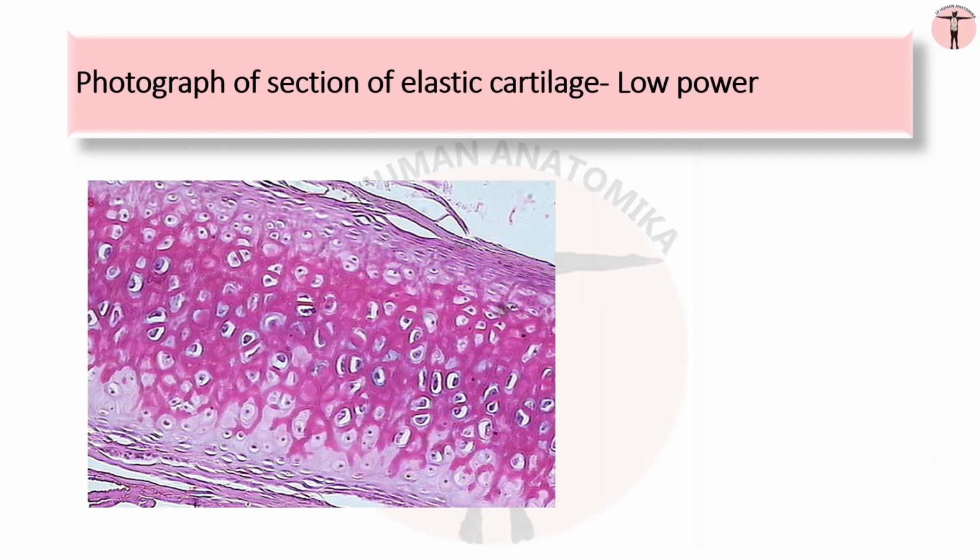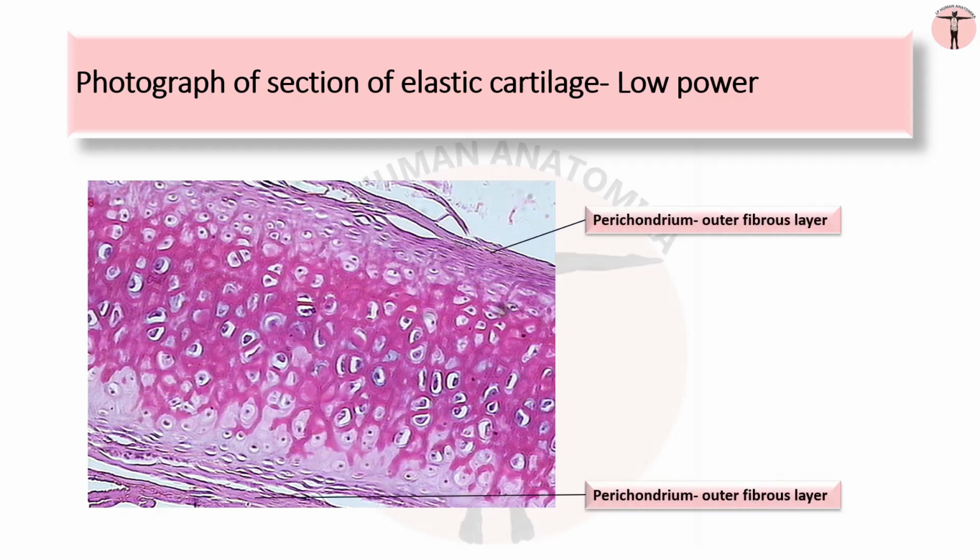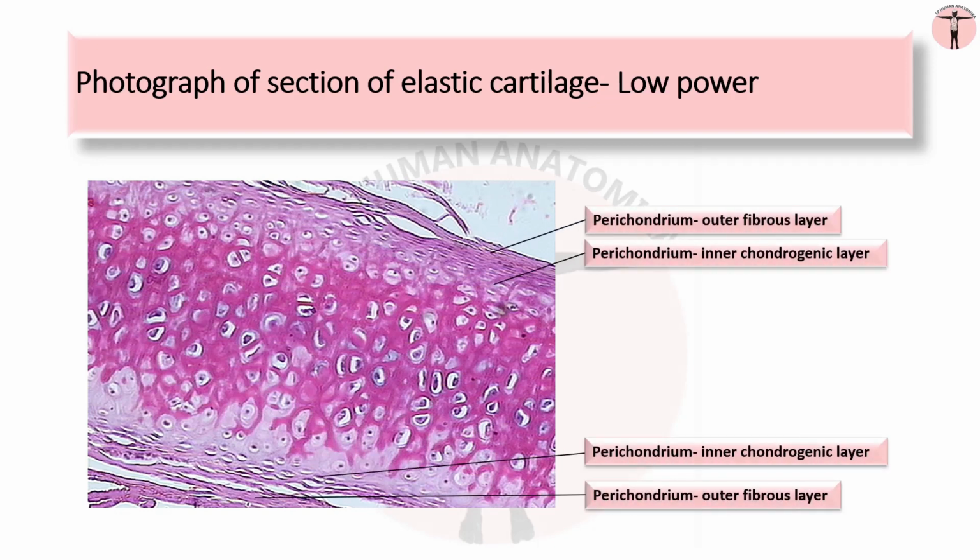This is the photograph of the section of the elastic cartilage under low power of the microscope. The two layers of perichondrium, outer fibrous layer and inner chondrogenic layer, are observed on both the sides of the cartilage. The matrix is rough with abundant elastic fibers.